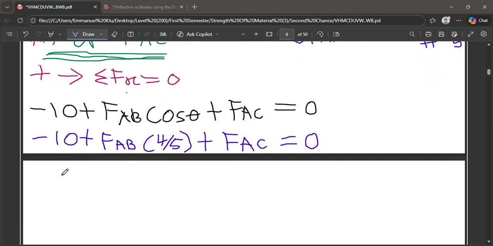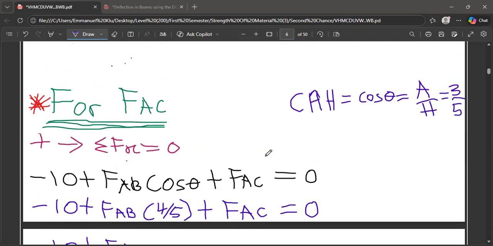Grouping like terms, first of all, let's simplify this. This is going to give us negative 10 plus FAB times 4 over 5. When you punch 4 over 5 on your calculator, you get 0.8. But in this case, is it 4 over 5?